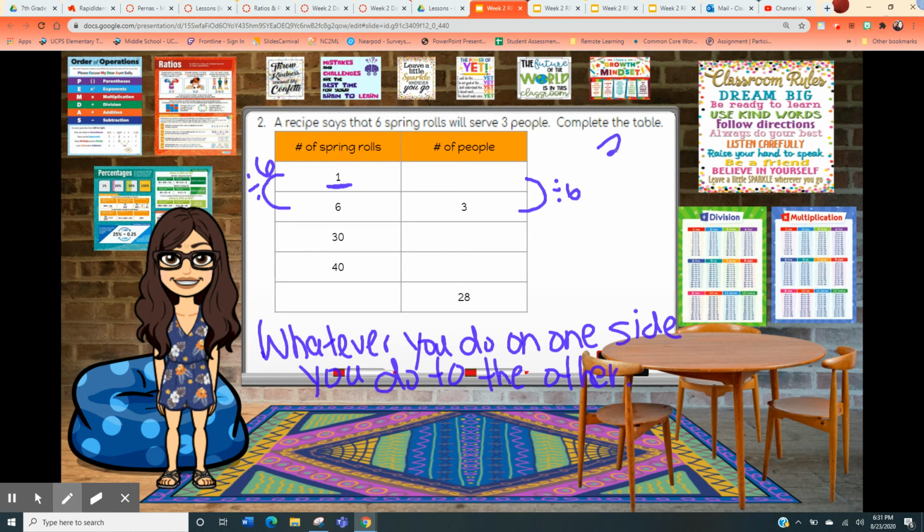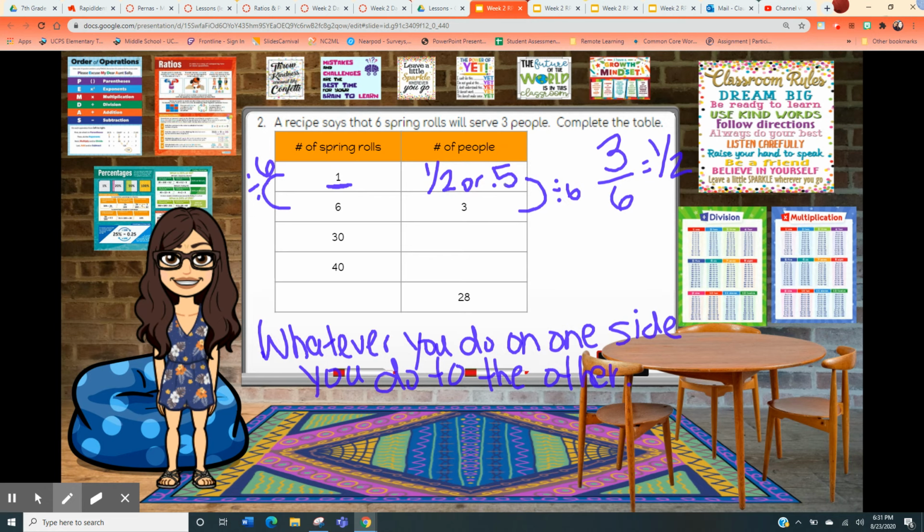If I do 3 divided by 6, well, it's not going to give me a whole number. It's going to give me a fraction. So I can either put 1/2 in here or 0.5 because 1/2 and 0.5 are the same thing. They're equivalent.